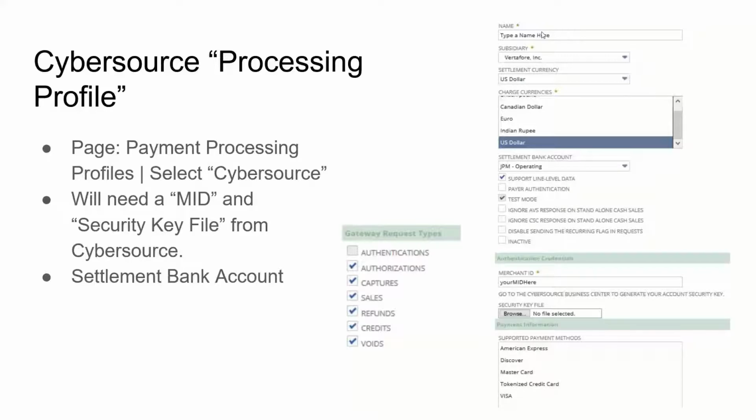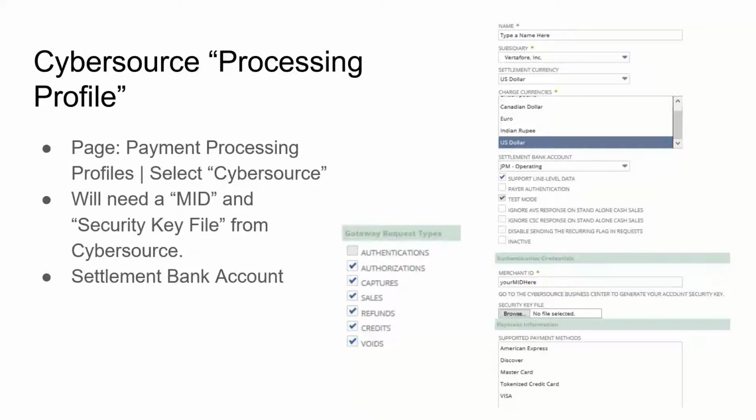So I can put my own name here. I tie the processing profile to a subsidiary and the currencies. NetSuite handles either way, but credit cards can often have what's called an auth and a settlement, so that you do a bunch of authorizations, and then at the end of the day you take a single batch and settle it.